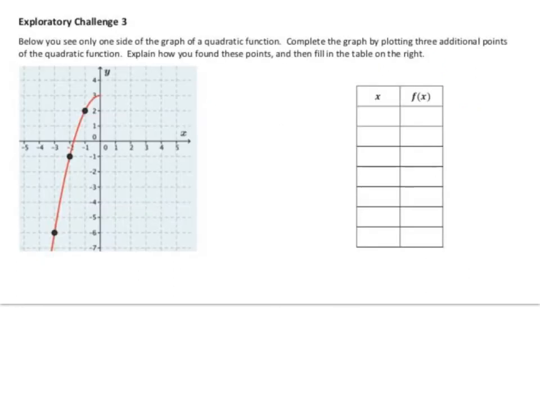All right, so let's have a little bit of fun. Below, you see only one side of a graph of a quadratic function. Complete the graph by plotting 3 additional points on the quadratic function. Explain how you found these 3 points. So let's start with what we have here. I've got (-3, -6), (-2, -1), (-1, 2), and (0, 3).